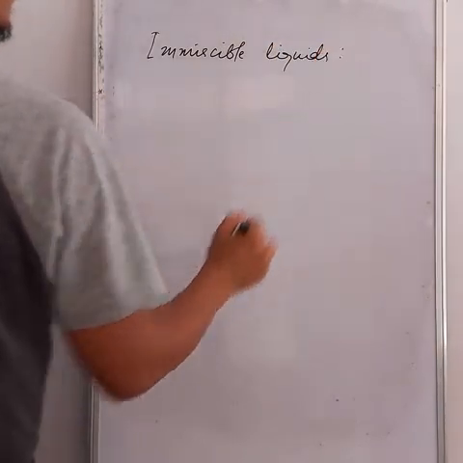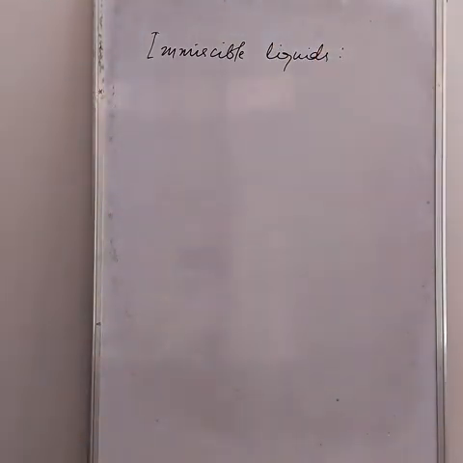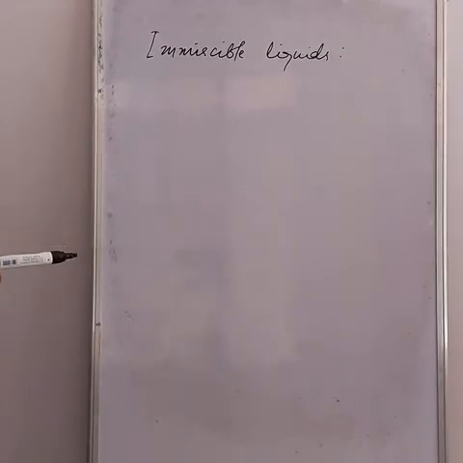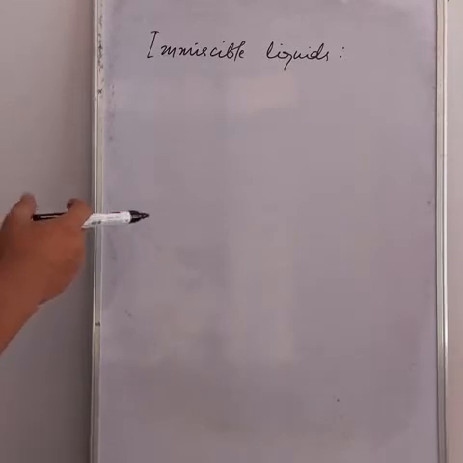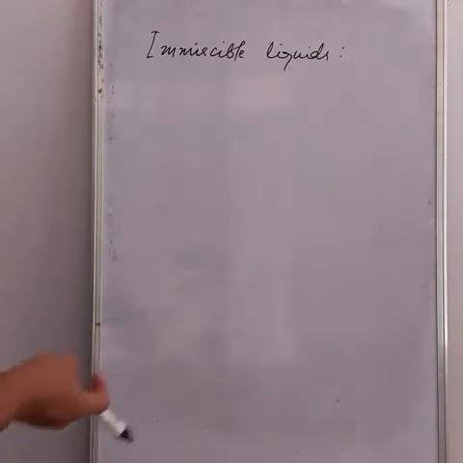Immiscible simply means solutions which can't mix together, or we cannot mix immiscible liquids. Suppose, for example, oil and water, they are immiscible liquids. Even if we put them together, they don't mix up. So they are called immiscible liquids.